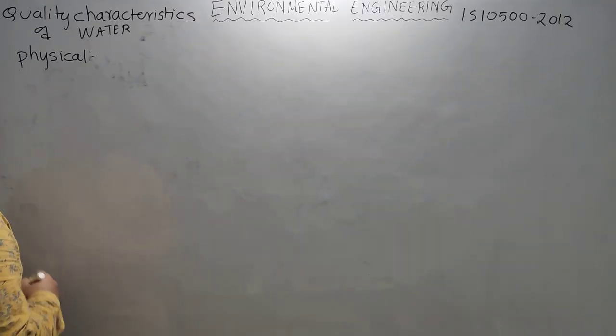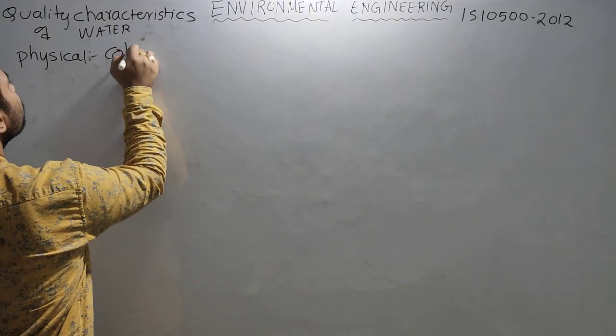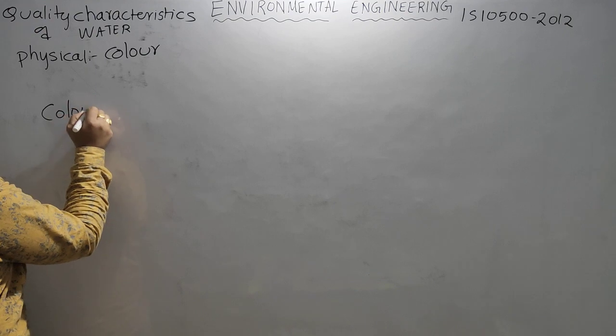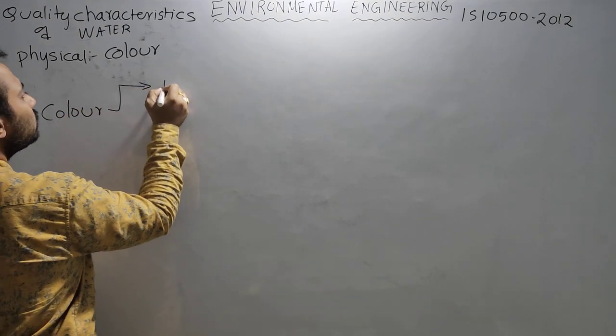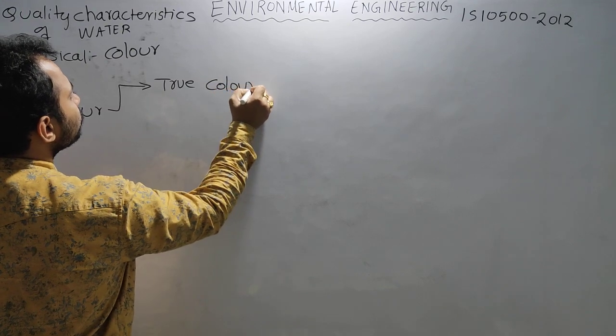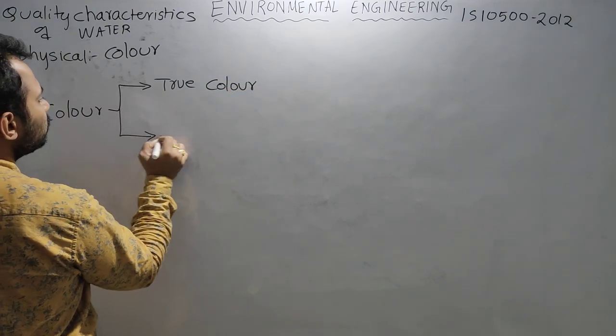So color is of two types: one is true color, another one is apparent color.